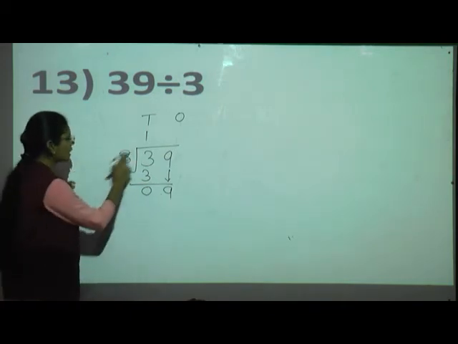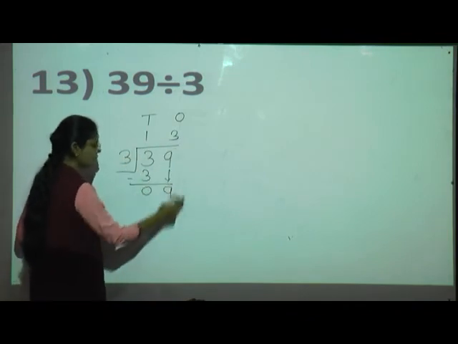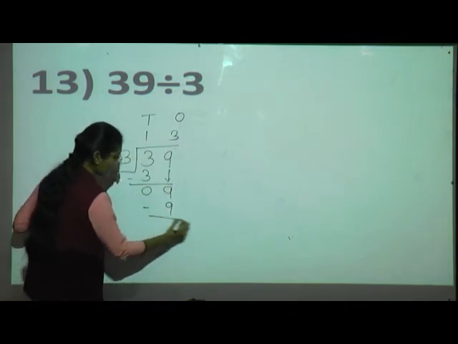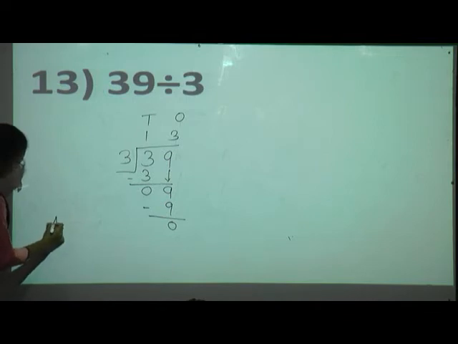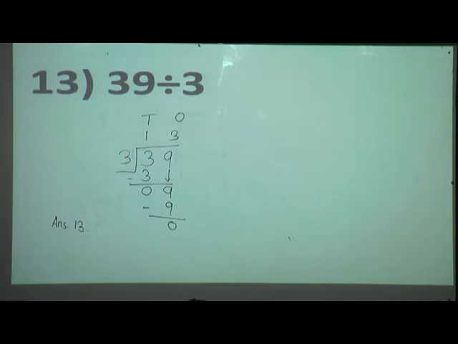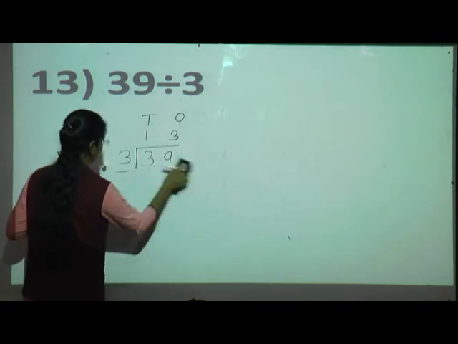Why? Because 3 3's are 9. Okay. Then 9 minus 9, 0. So 39 divided by 3 is equal to what? 13. So again you have to write here answer 13. Understood? Clear till here? Okay.